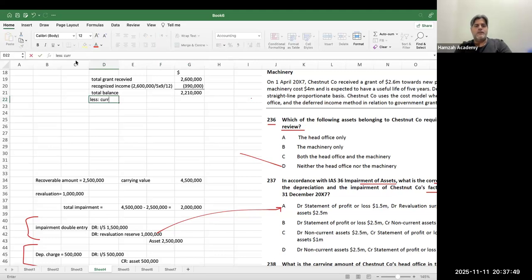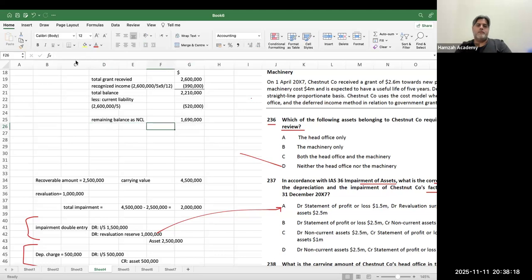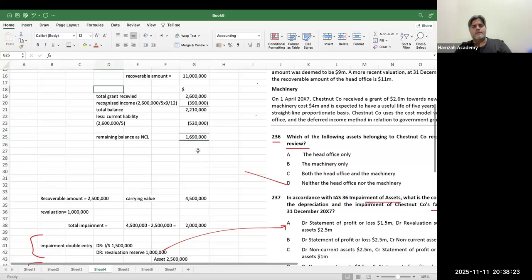Then from this total balance, you're going to deduct the current liability. Current liability is the amount that's going to be recognized in the coming 12 months. So that's going to be 2,600,000 by 5. And then the remaining balance as non-current liability is 1,690 as the answer.